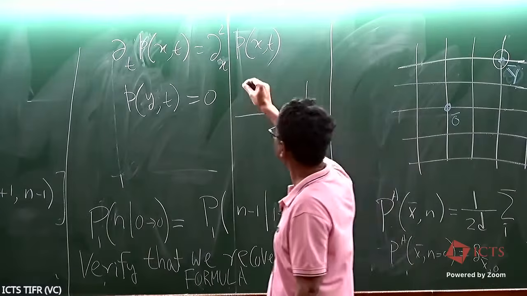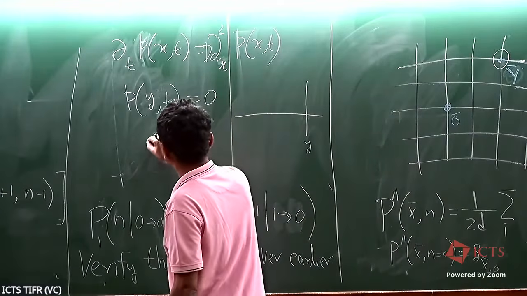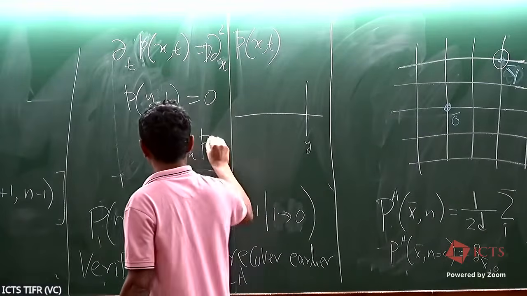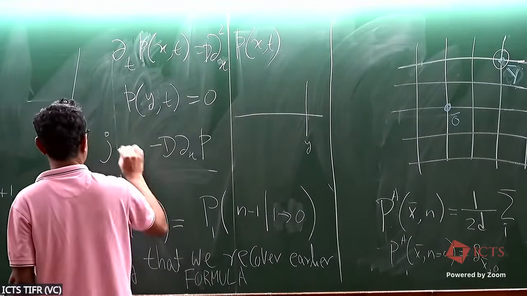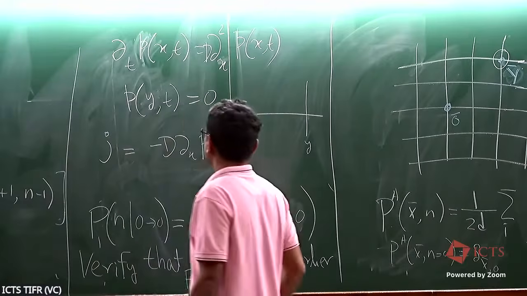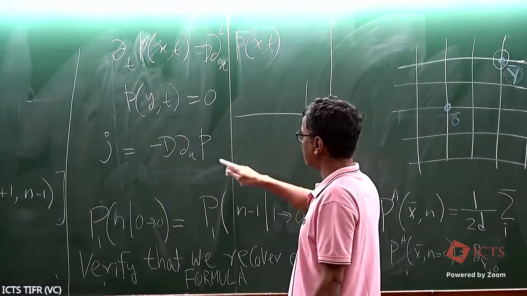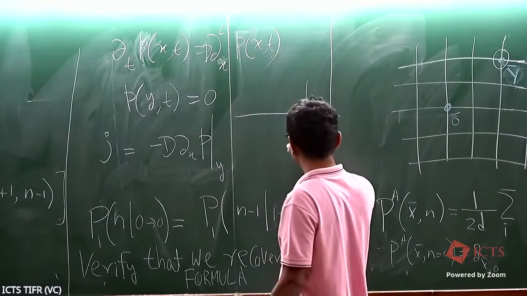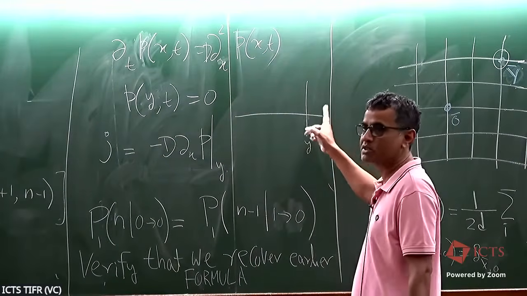If there was a diffusion constant, it's basically minus D del x P, right? So this is the current. If you evaluate the current at this point y, it tells you per unit time how many particles are going in.